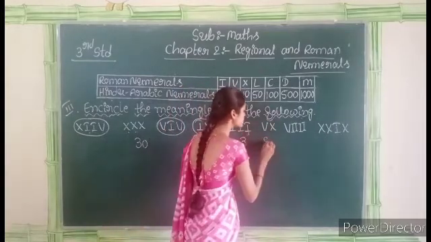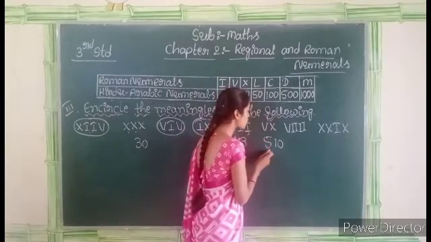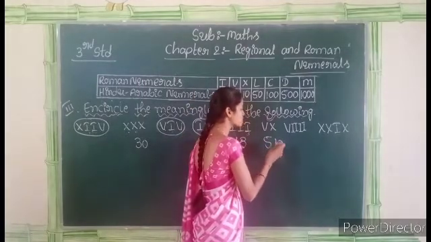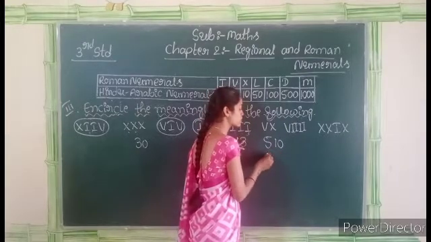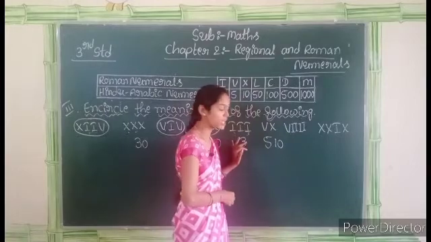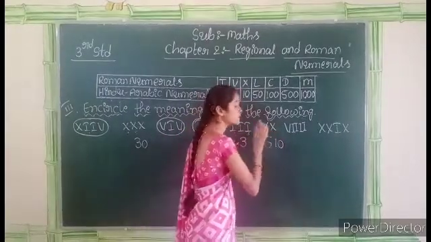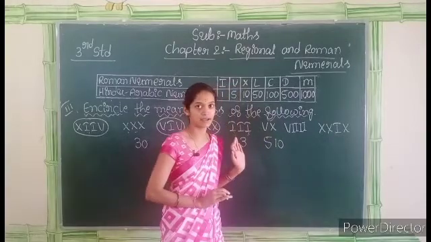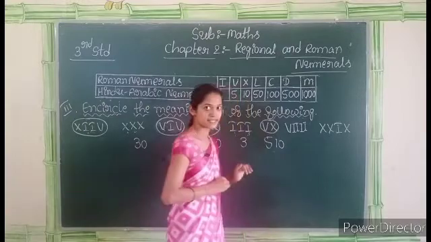V represents 5, X represents 10. When the symbol of a smaller value is written on the left side of the symbol of a greater value, we have to subtract the smaller one from the greater one. But in the rules I already told you, V cannot be subtracted. That's why this is meaningless.